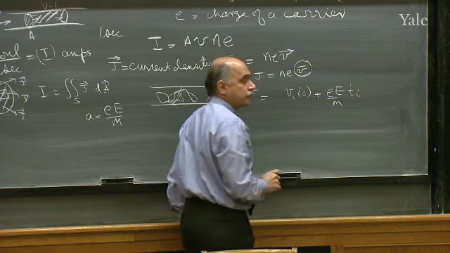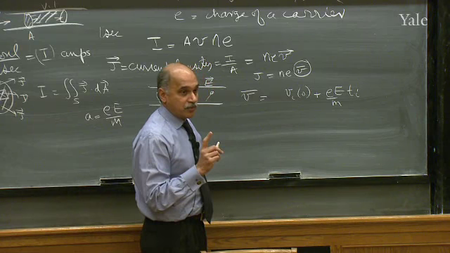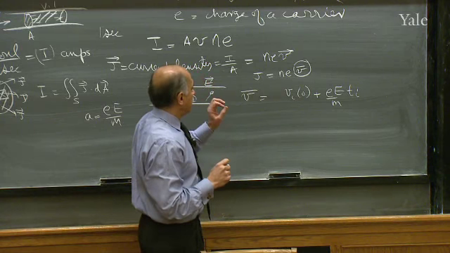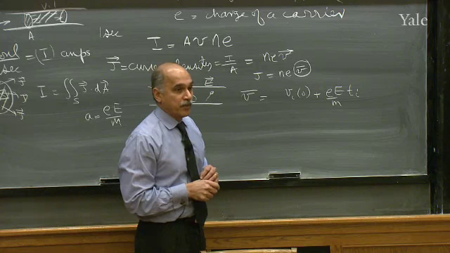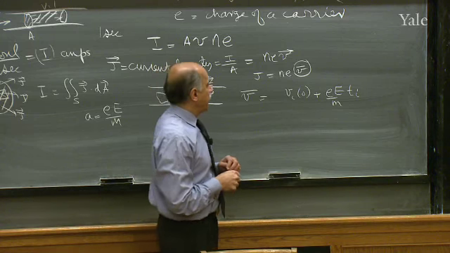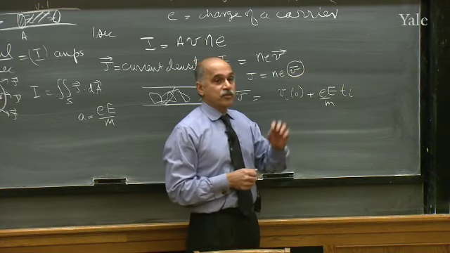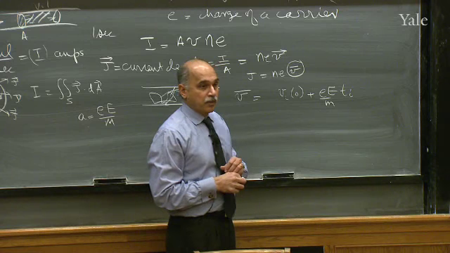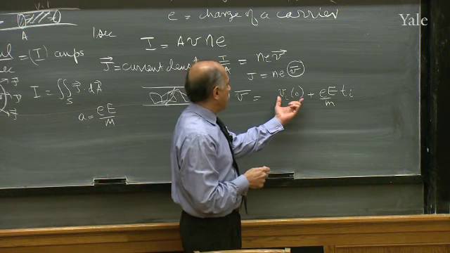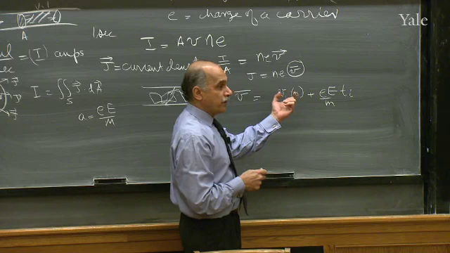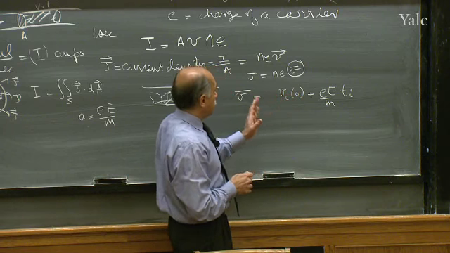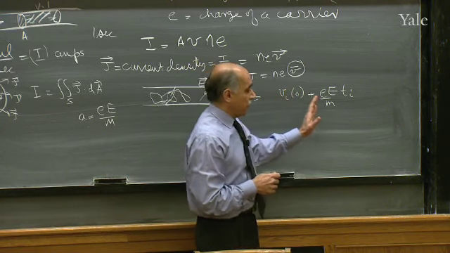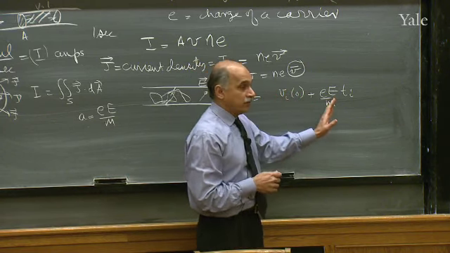In other words, let me explain to you slowly what I mean. Take particle number i. Let us say it has been Ti seconds since it had its last collision. So just after the collision, it has got an initial velocity, which is completely random. But since then, because the electric field has been accelerating it and it has not collided with anything yet, its velocity will be eE over m times Ti.